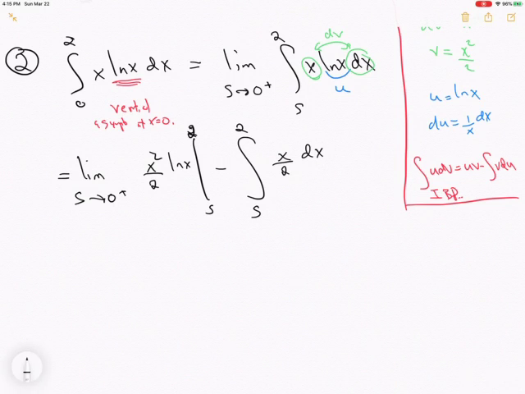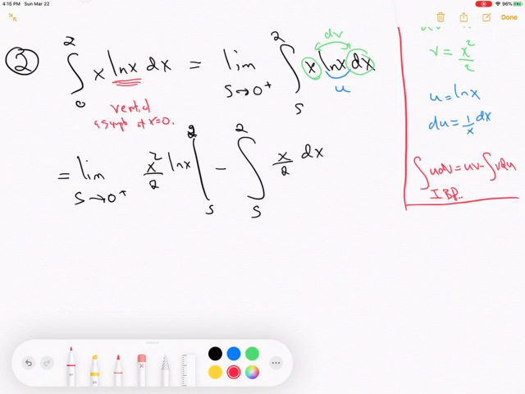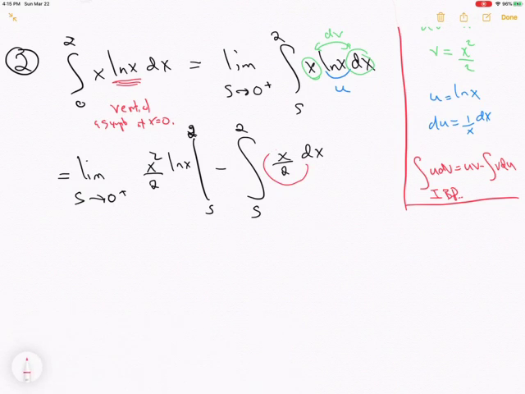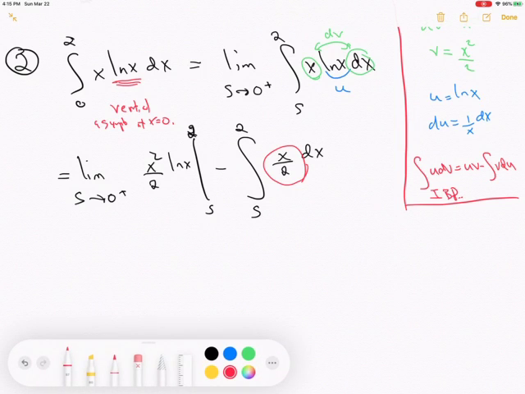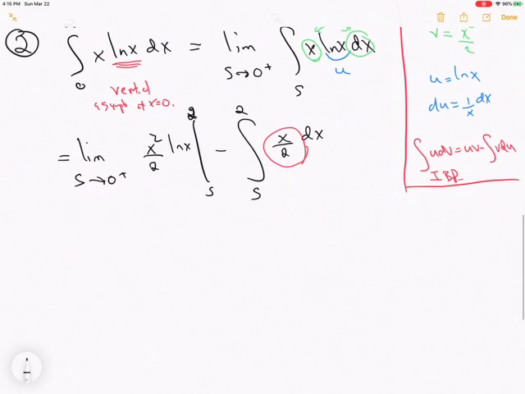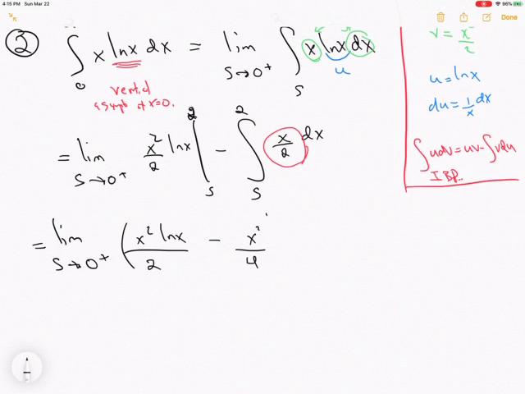So this is still x squared natural log of x all divided by 2, and then we're getting x squared over 4, and we have to evaluate all of this from s to 2.